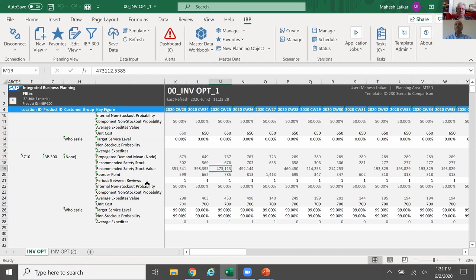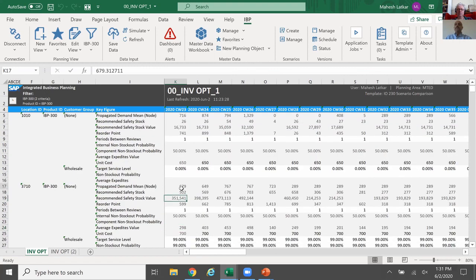Then you have many other key figures like the order point. It gets calculated automatically by the system. And then you have expedites value. This is also a simple calculation. These are dollarized values. So this is average expedites multiplied by your unit cost.